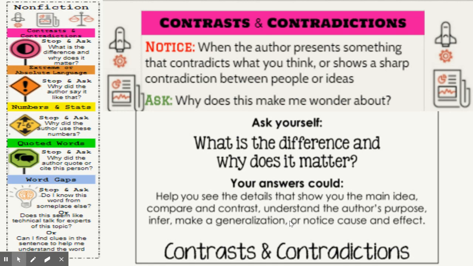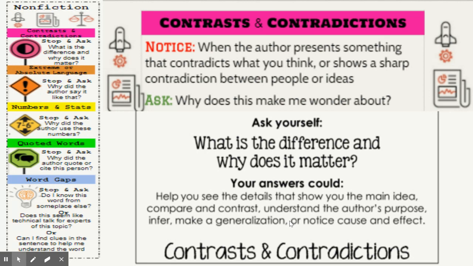So as you're reading an article, when you're looking for a contrast and contradiction, you're paying attention to when the author presents something that contradicts something that you think, or that shows a sharp contradiction between people or ideas. So when they're comparing and contrasting two things, they may say previously, or before this, or in contrast to, or against.